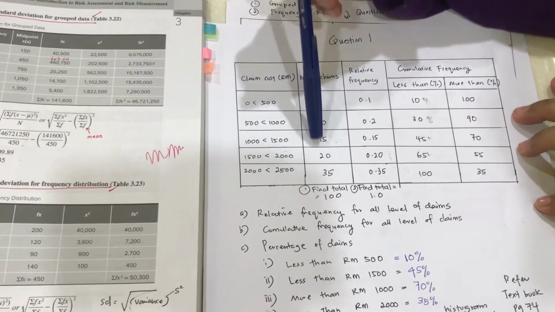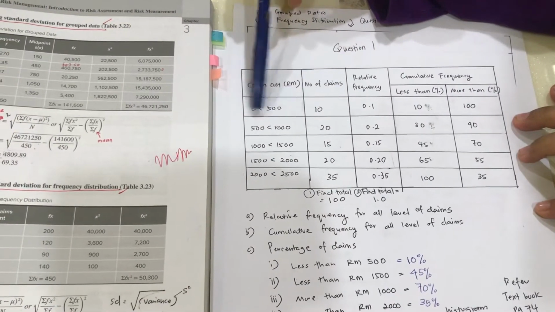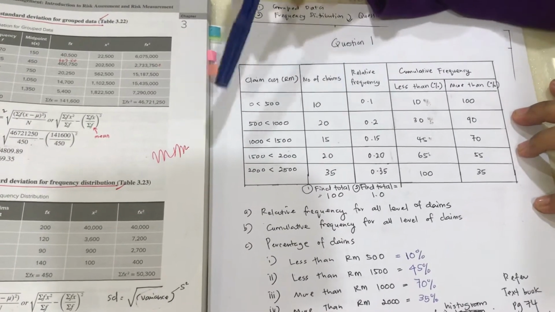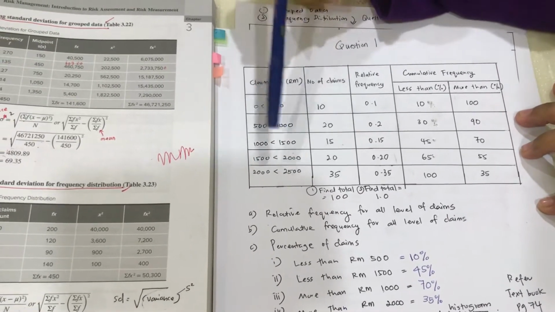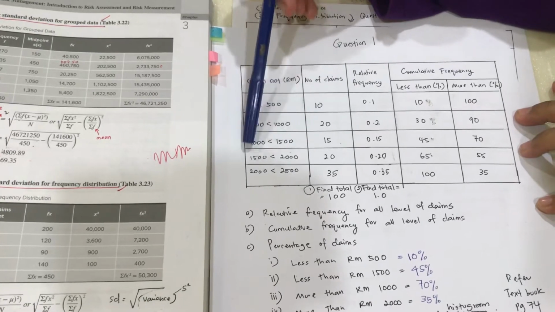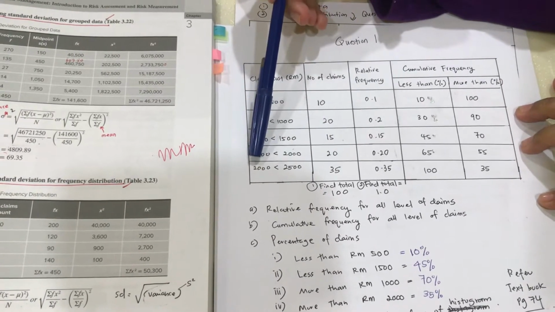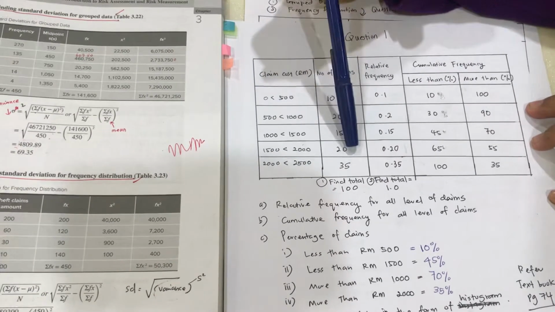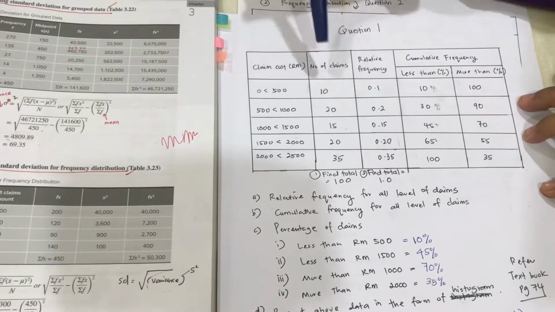You can see this is the number of claims. From 0 to less than 500 is 10. Between 500 and 1000 is 20. Then 1000 to 1500 is 15, 1500 to 2000 is 20, and 2000 and above is 35. These are the numbers of claims.